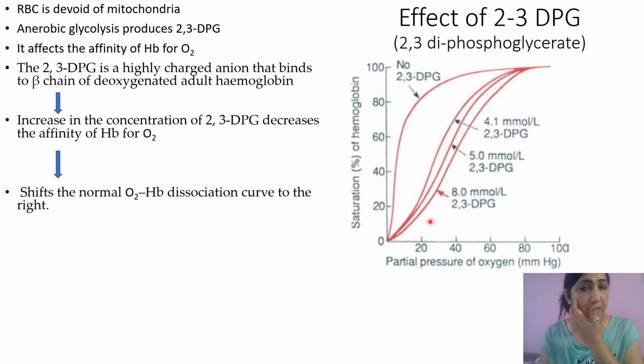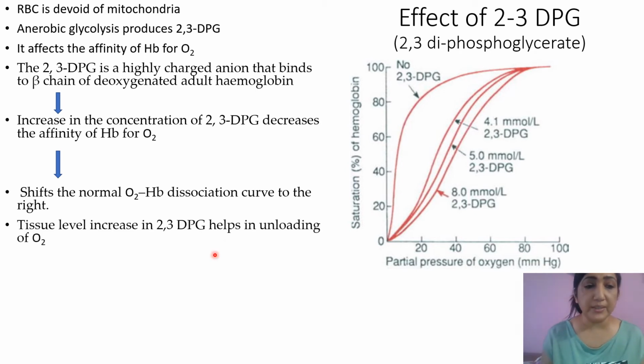Now come to this diagram. This is the oxygen dissociation curve. This is the normal one. When 2,3-DPG is increased, it shifts towards the right side. When 2,3-DPG decreases, it shifts towards the left, and if 2,3-DPG is not present at all, the curve has a larger flat part, meaning association is too much and there is less unloading.